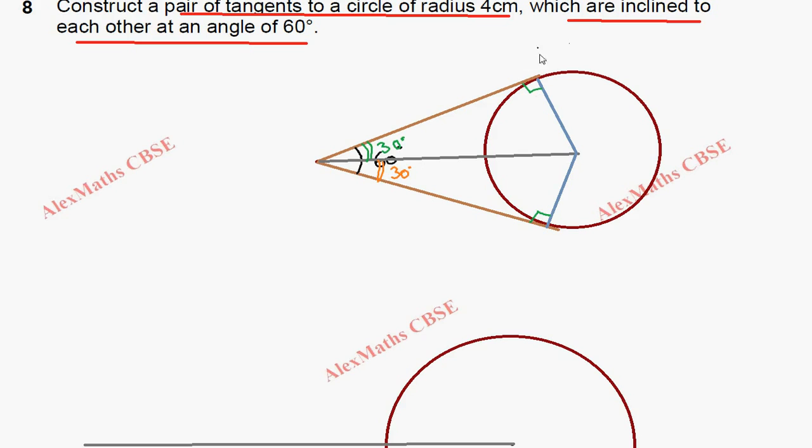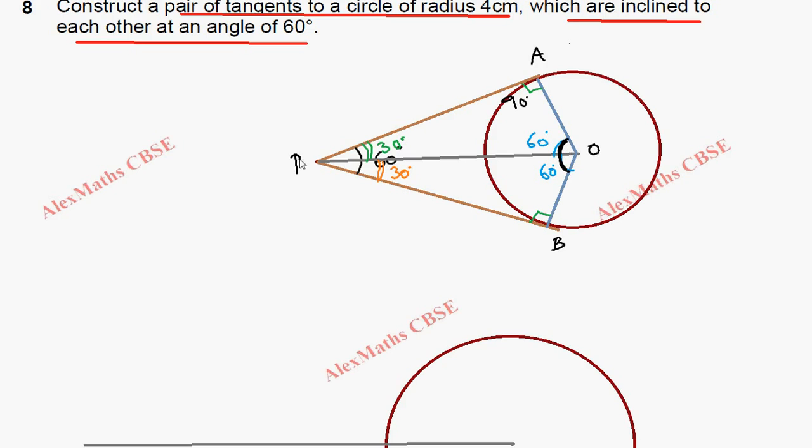And when this part is 90 and this is 30 and the remaining has to be 60, so that the sum of the angles is 180. So even this part is also 60. So totally this is a center O, this is a point A and this is a point B. We have 120 degree here, each 60 and 60.